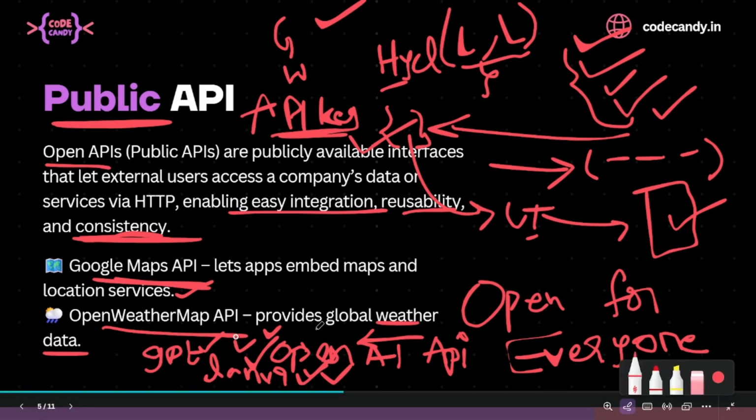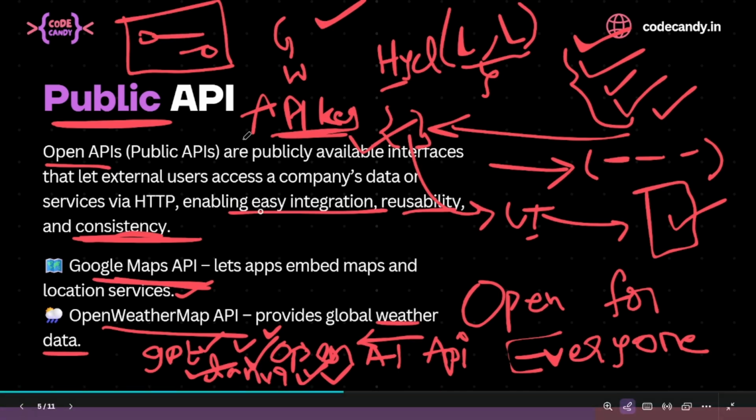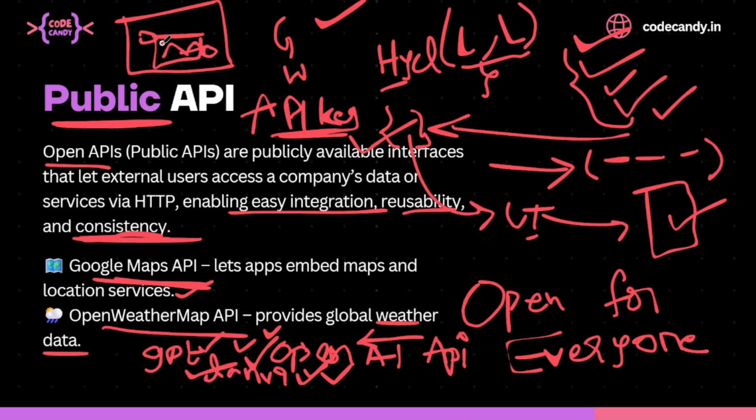You will give those details as parameters, as you previously discussed, and based on that you will get the response. If I am giving a question in chat, you will get a response in the form of text. If you are using the DaVinci model, you will get a response in the form of an image. In this way, you can use public API keys.